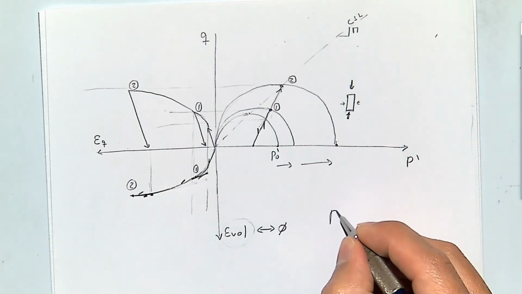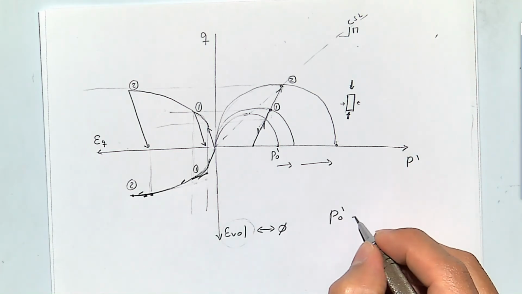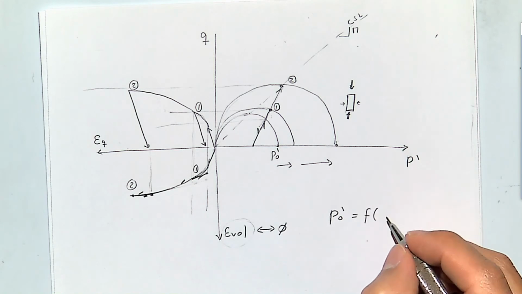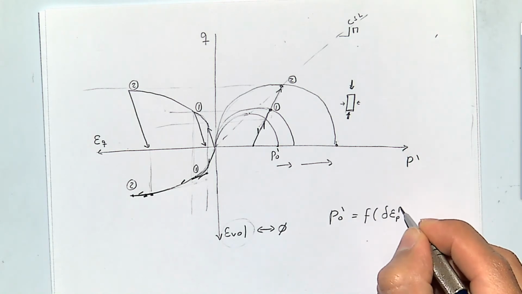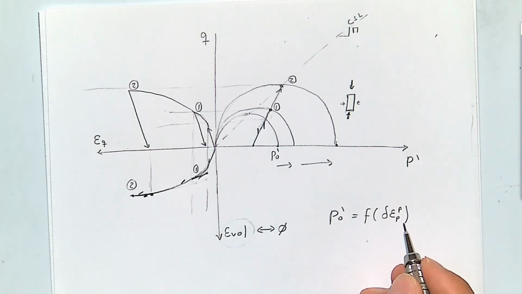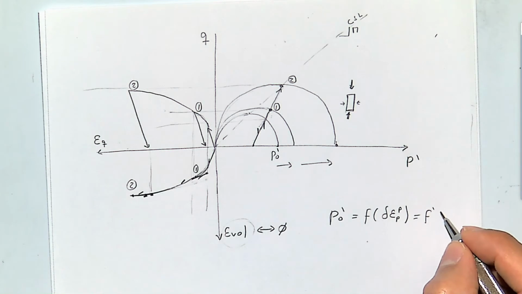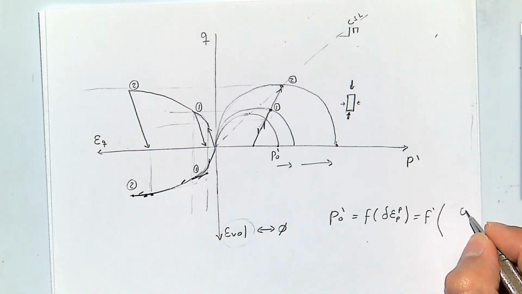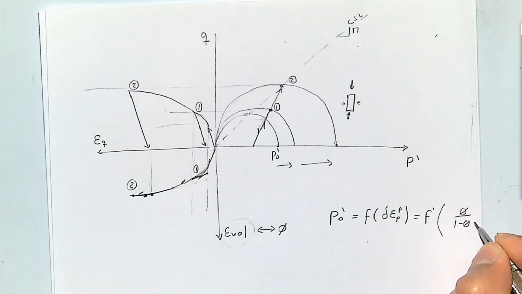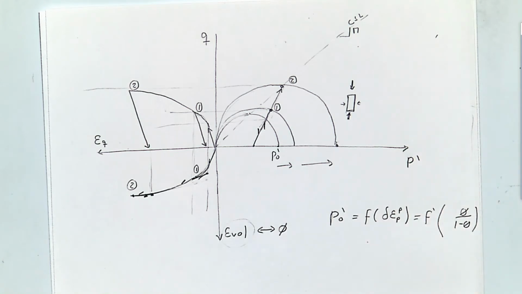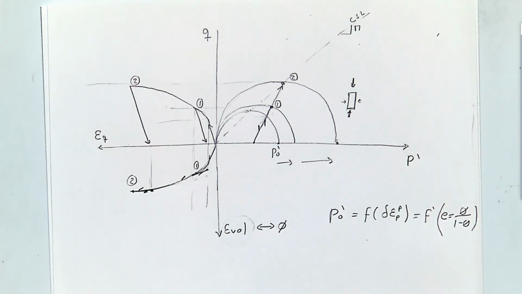So this value P naught, we need to find an equation that's going to allow us to link it to the plastic strain in the isotropic direction, or the isotropic component, and we're going to link this to a function that is going to be a function of porosity, but we'll define another variable which is very useful for this model, which is something called the void ratio.